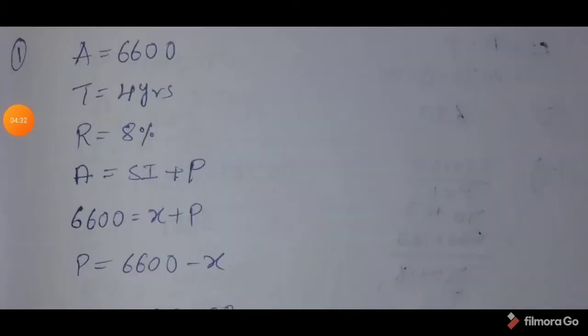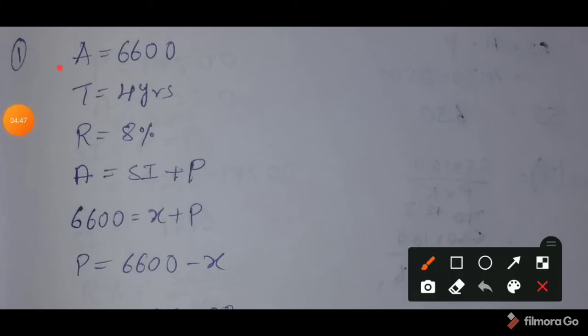Then see the first question. What sum will amount to 6,600 in 4 years at 8% per annum simple interest? Here, what they have given: first we have to write amount 6600, time period 4 years, and rate of interest 8%.